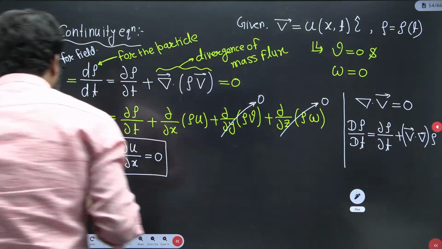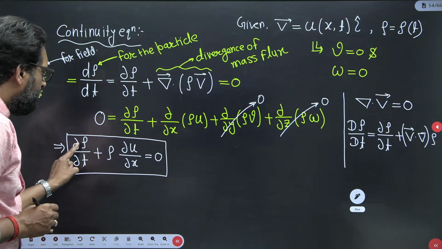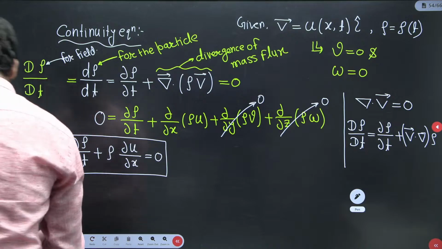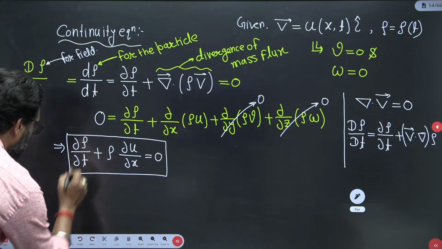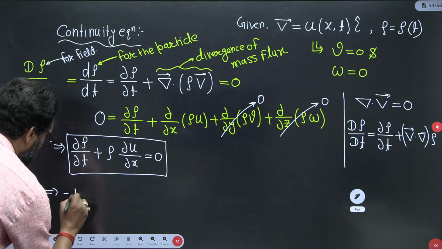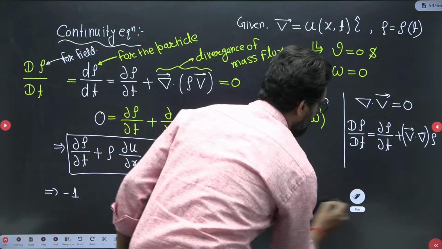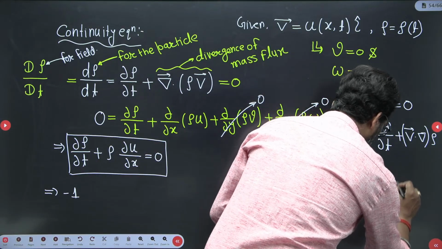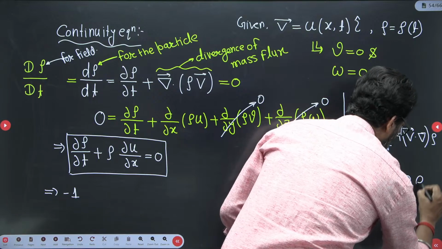Now you have a density, you have a velocity. If you differentiate this, this is minus 1 into 0.2 e to the power minus t, because density is given as 1 plus 0.2 e to the power minus t.